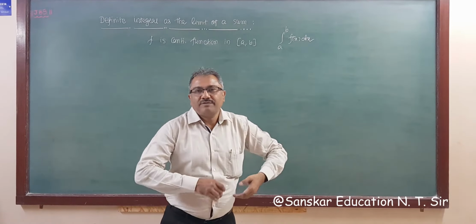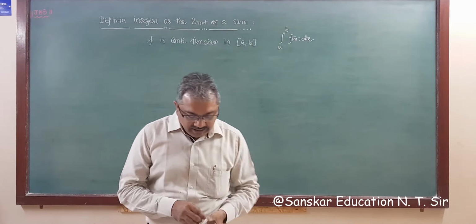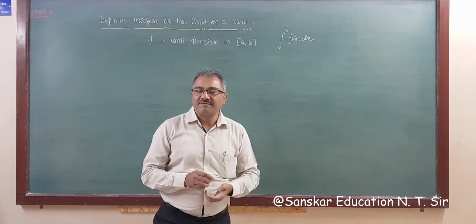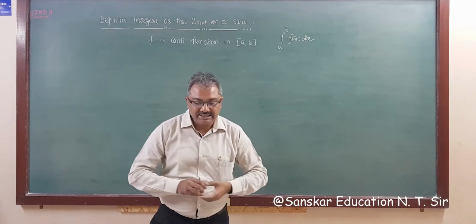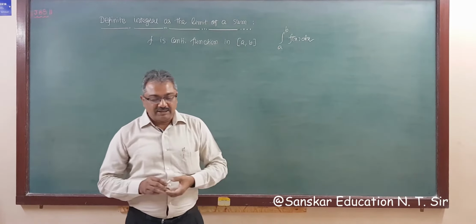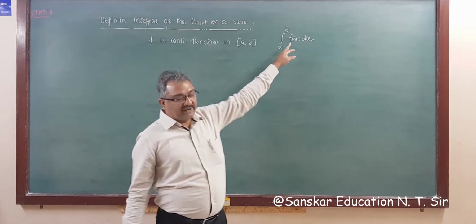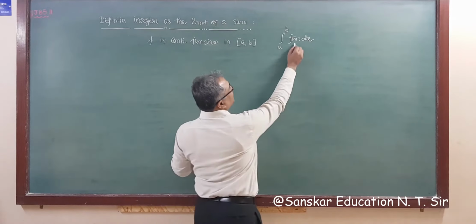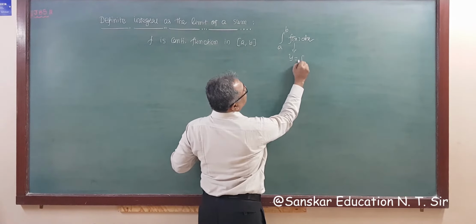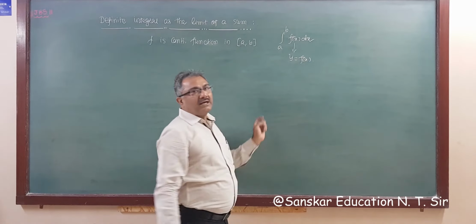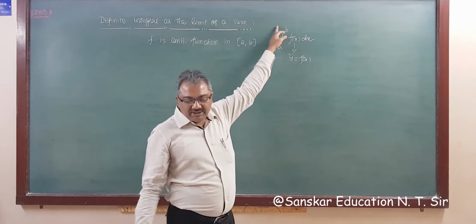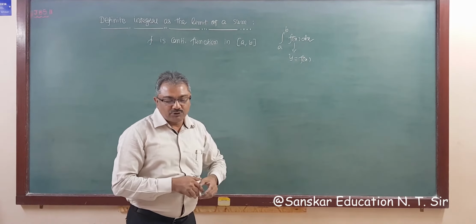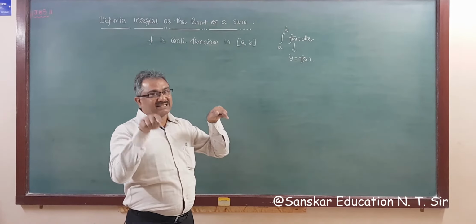And the meaning of this definite integration a to b f(x) dx is the area bounded by the curve y is equal to f(x), under the limits a and b, that is by the lines x is equal to a and x is equal to b with the x-axis, right.